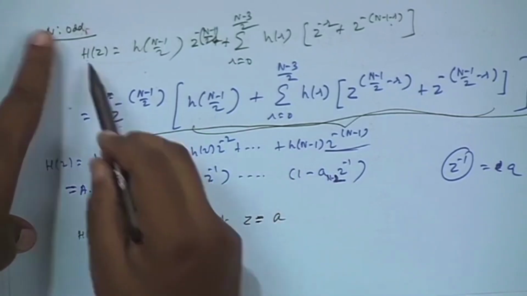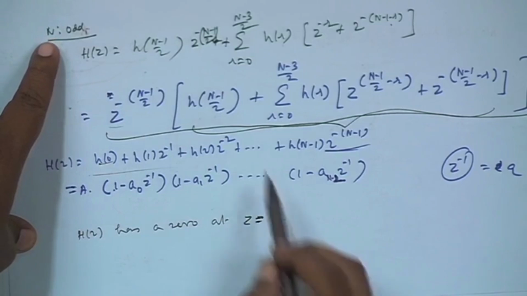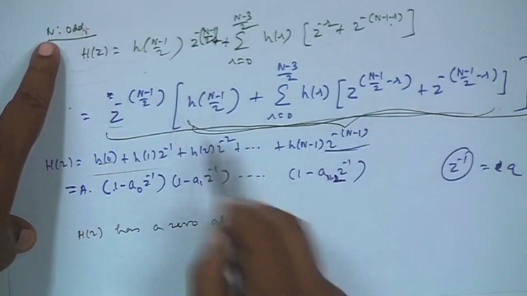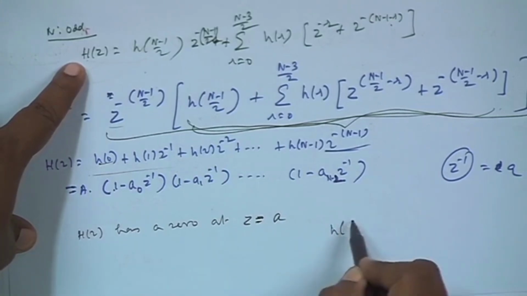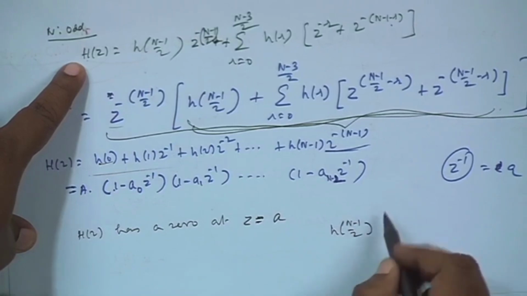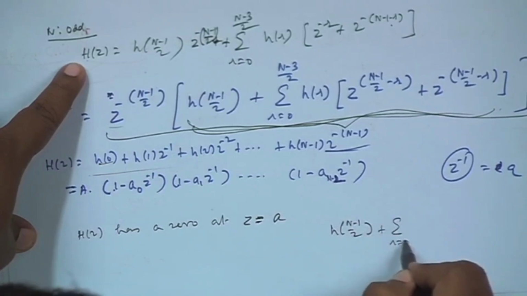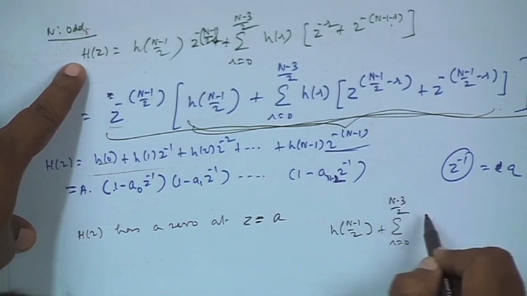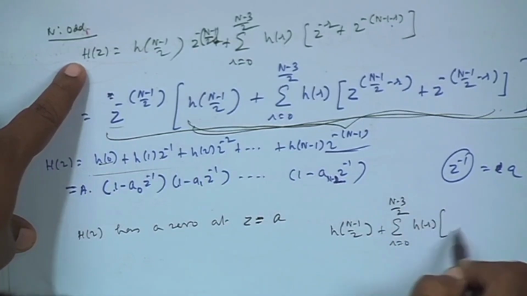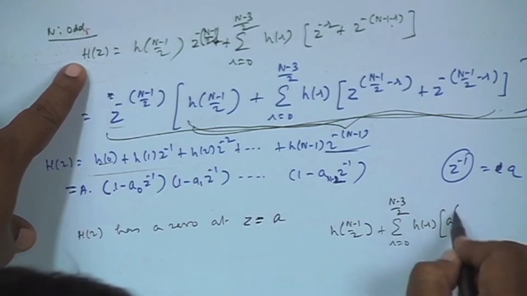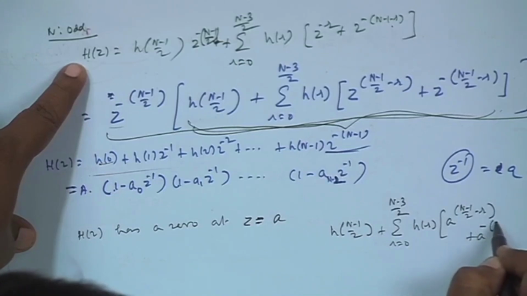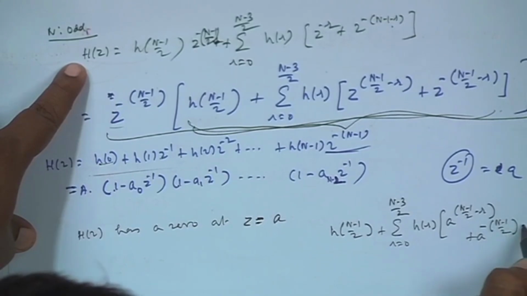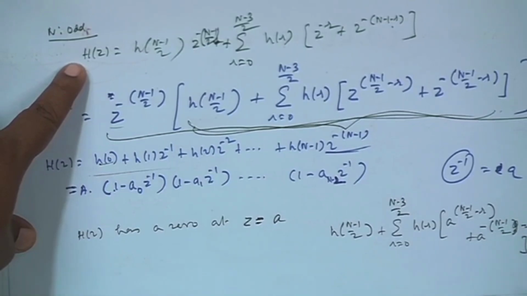Therefore, if this whole thing has a 0 at z equal to a, that means this inner part will become 0 at z equal to a. That is, a to the power L plus a to the power minus L, this equal to 0.